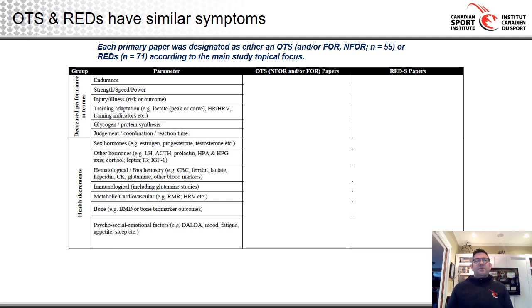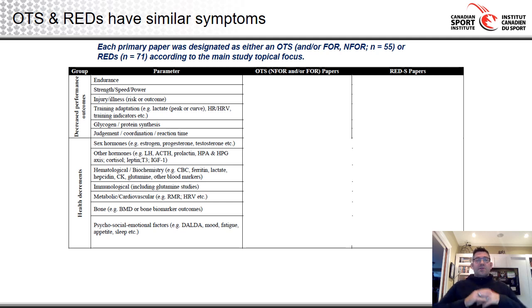What we did with this table is we went out and looked for primary research papers and studies that the authors designated as either an overtraining paper or not, or a functional overreaching or non-functional overreaching paper, or a REDS paper, according to what the authors of those papers really highlighted as the main study topical focus, either as a hypothesis or in the paper's title.